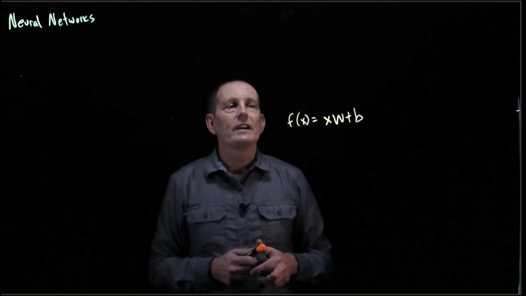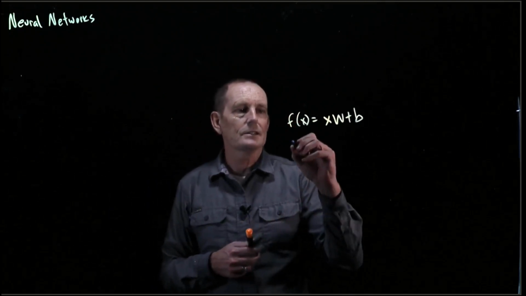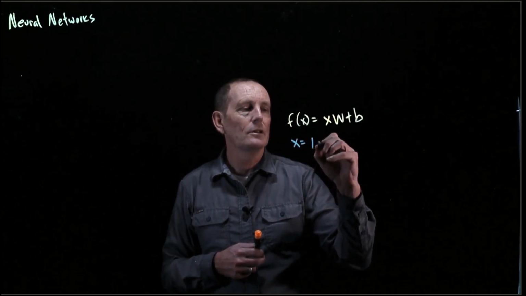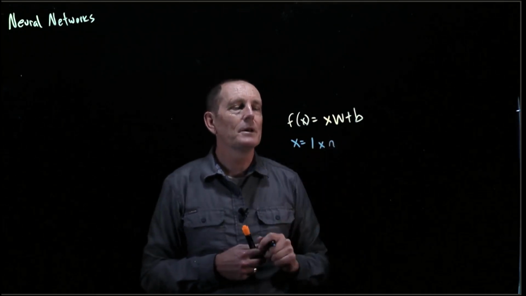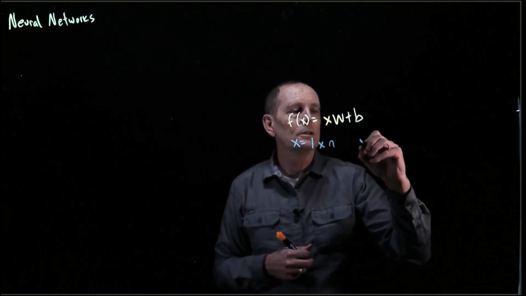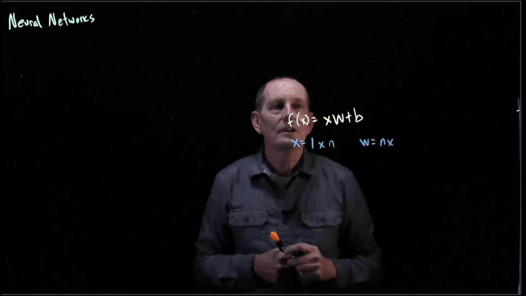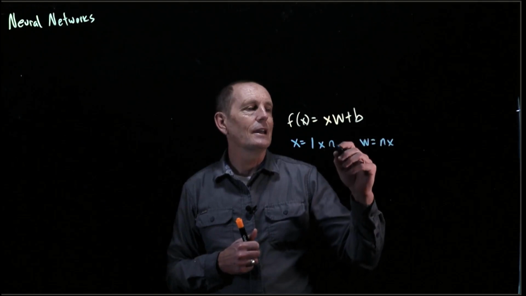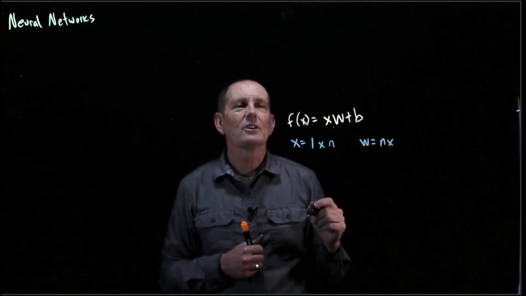So let's say we have f of x of this form. If x is equal to a 1 by n array, then what do we know about W? Well, W is going to equal n times, and then we get to decide how many outputs we want for this. So let S be what we're going to call the size.